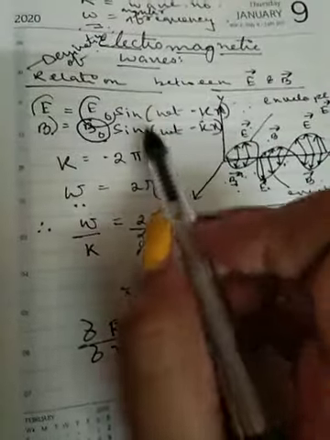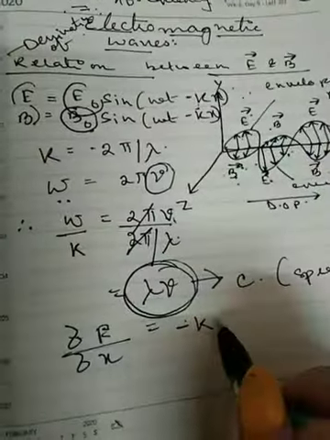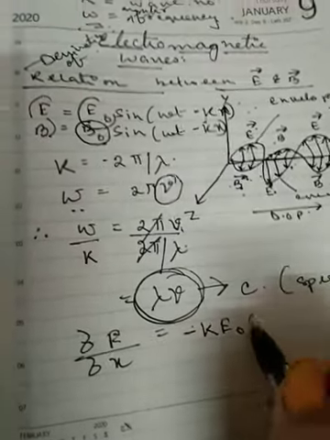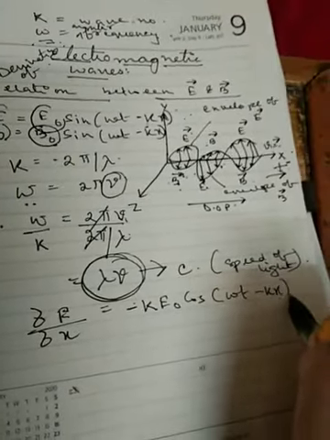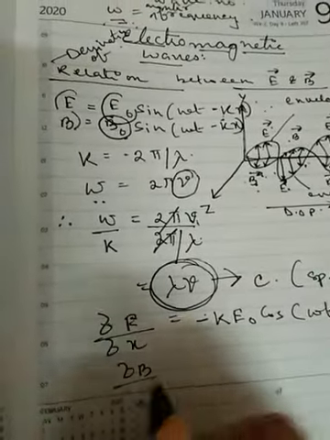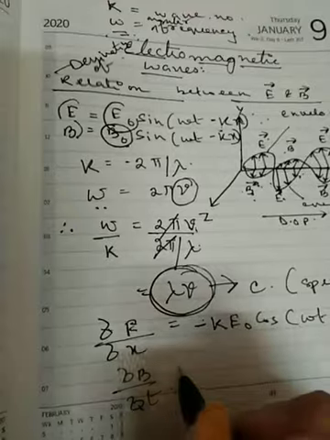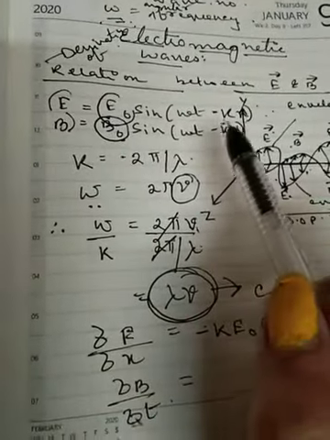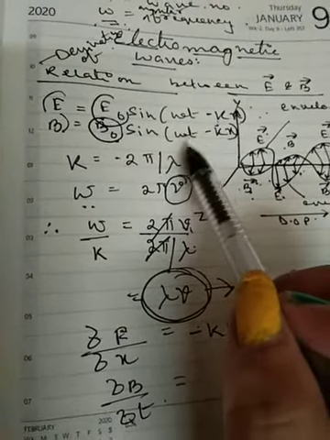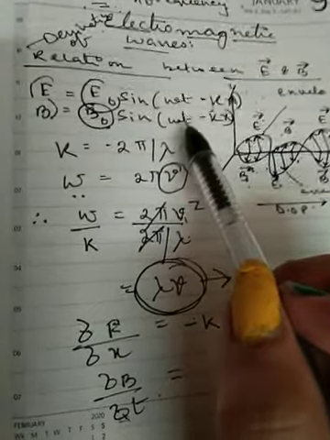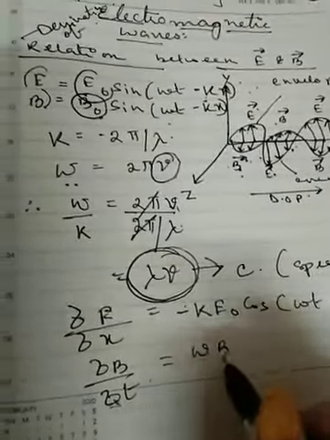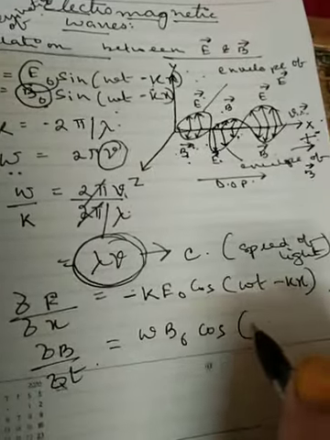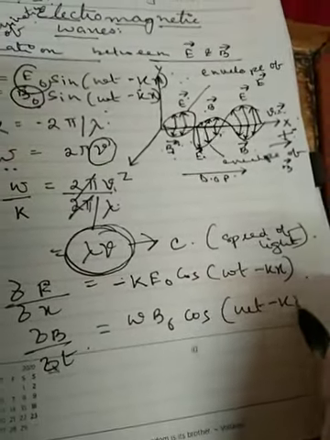E0 remains same, sin becomes cos. Is it not? Same with B, it will be del B by del t, because I am differentiating with respect to time. Since I am differentiating with respect to time, what will be my constant coming out? There will be omega. Omega B0 cos(omega t minus kx).